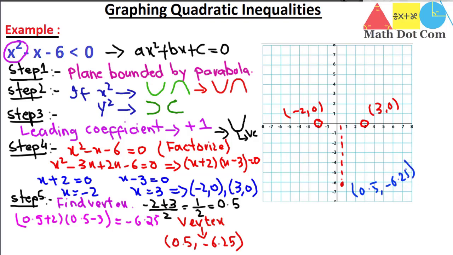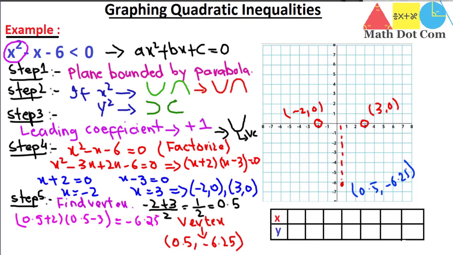So we have got the vertex, we have got the x-intercepts. Now we just need some more random points, so we can match them together to get the shape of the parabola. I will make the chart like so. I will take firstly the vertex, and take a few points on the right of the vertex and a few points on the left of the vertex in order to draw the parabola. So I'll write 0.5 here.